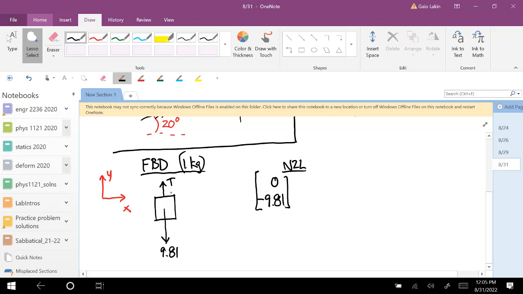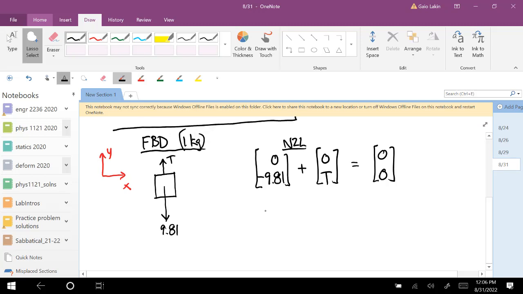And then the cable force is in the positive y direction, so 0, positive T. And that's equal to 0, 0. So we have two equations, one from the x components and one from the y components. The x components don't give us anything useful, but the y components do tell us that T is equal to 9.81. So we already know this.